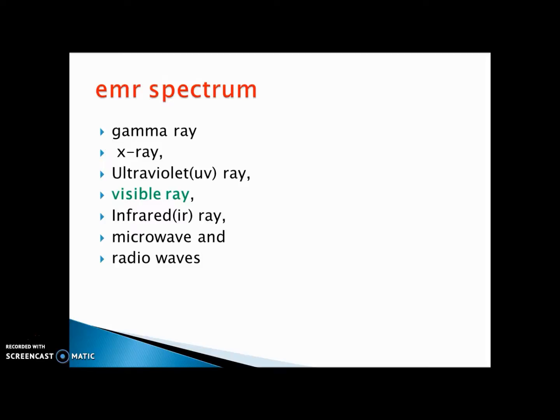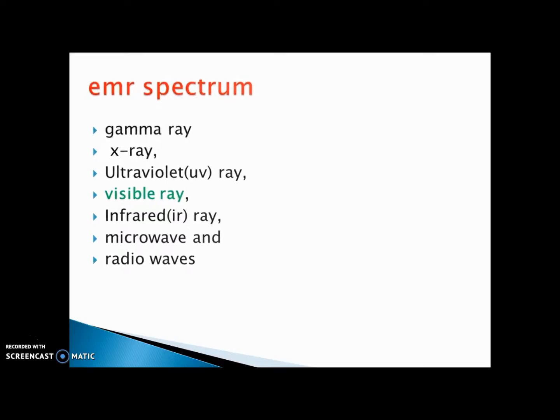The highest in that series is gamma ray, while radio wave has the lowest frequency. In the other way around, gamma ray has the lowest wavelength, while radio wave has the highest wavelength, because frequency is inversely proportional to wavelength.